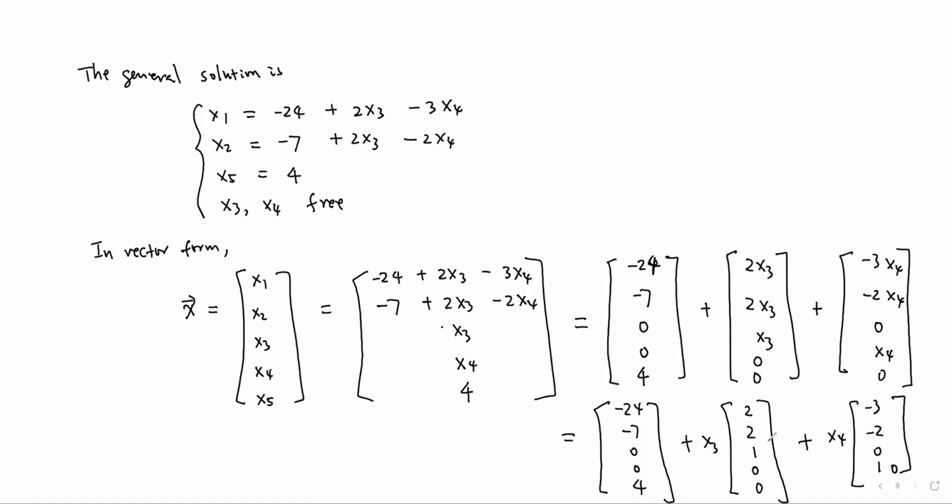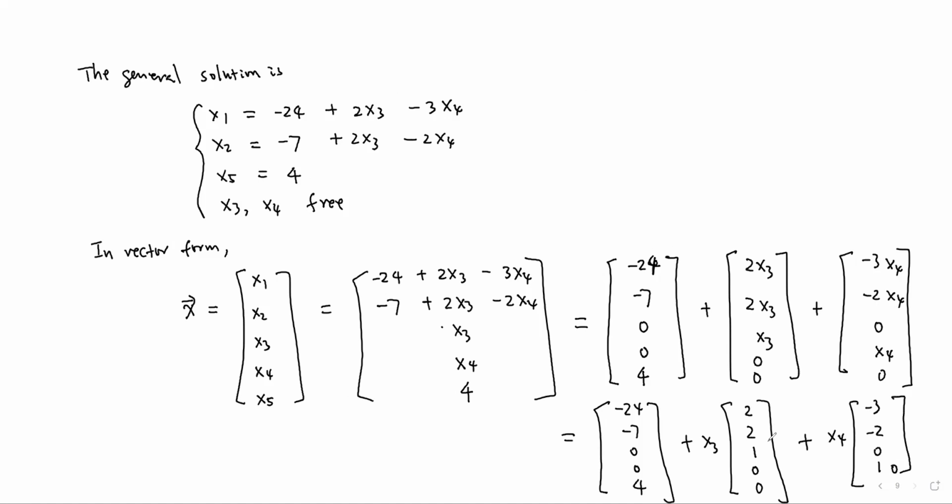Write the general solution in vector form. Because from the beginning to the end, in linear algebra, we need to solve linear systems. So you should know how to solve a linear system.